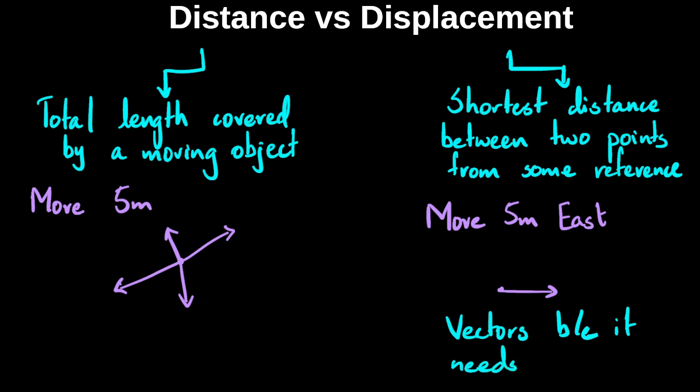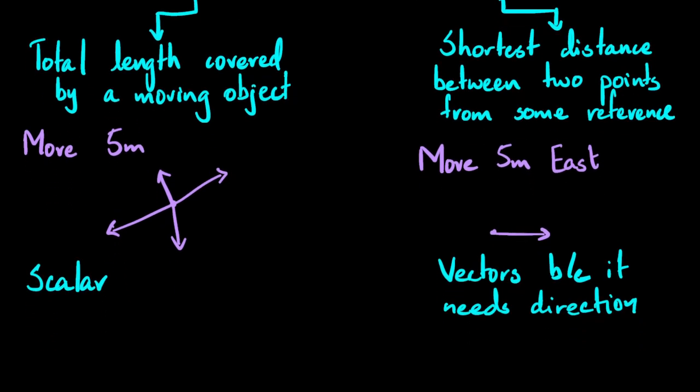On the other hand, distance is a quantity that does not need direction, right? It's the total length covered by a moving object, so we do not need any associated direction. This is just a scalar quantity.